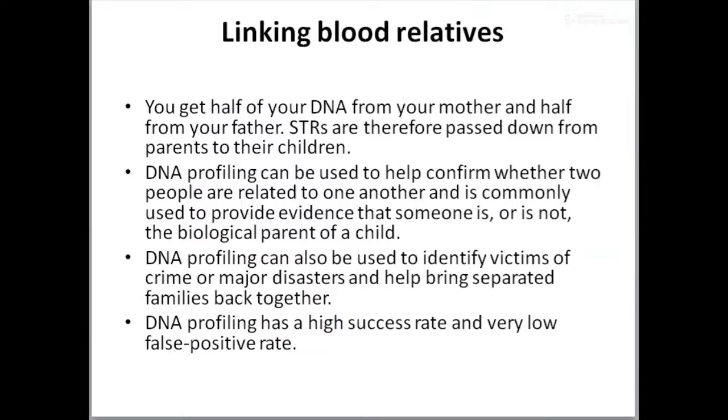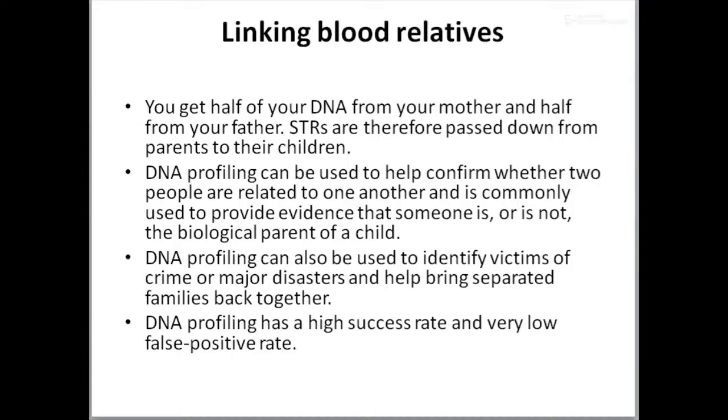Linking blood relatives can also be done by DNA profiling, because we always get half of our DNA from our mother and half from our father. So STRs are passed down from parents to children. DNA profiling can be used to confirm whether two people are related, and it is most commonly used to provide evidence that someone is or is not the biological parent of a child.